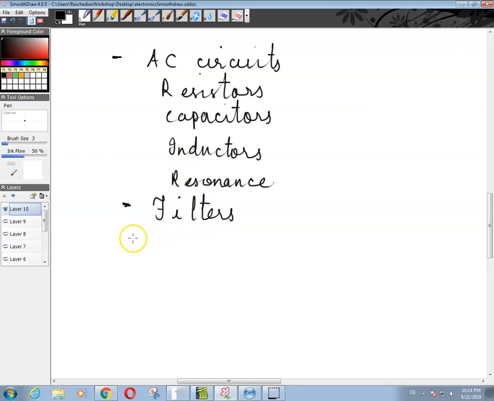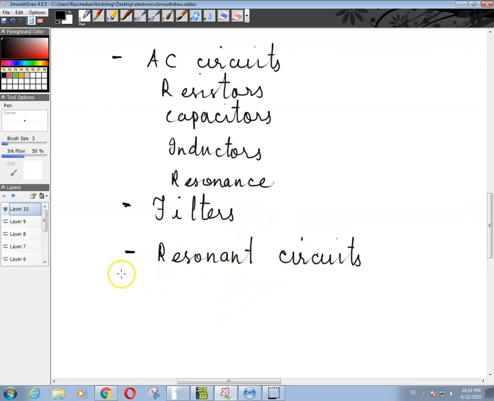Then there is a chapter about resonant circuits, that's about capacitors and inductors in series, and some material about oscillators and things like that.